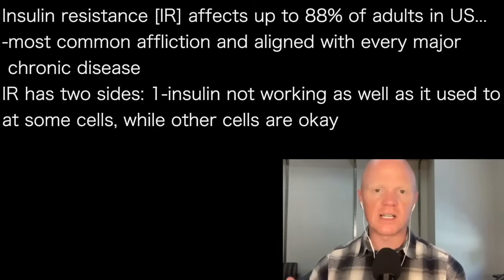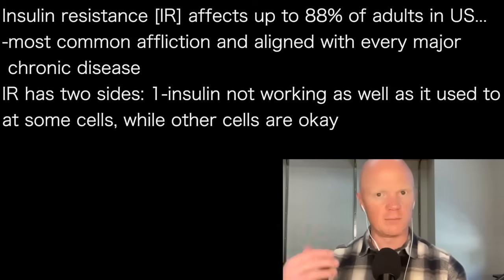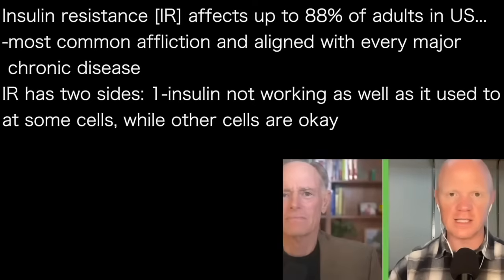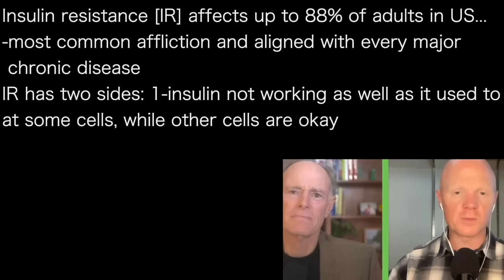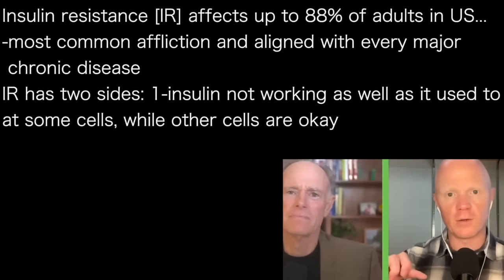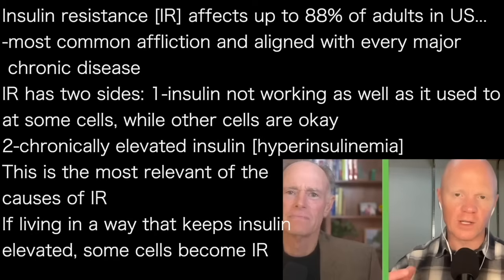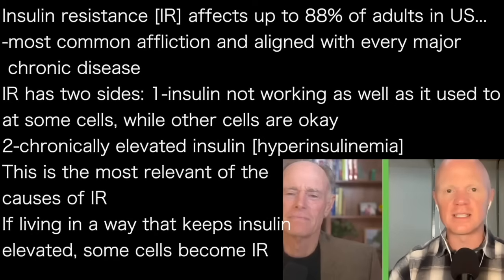So some of the cells of the body, indeed big ones and dominant ones like muscle cells and fat cells, aren't responding to insulin as well as they used to. Now, however, some cells are responding well to insulin, and that becomes a problem when we flip the coin over, because the other side of the coin that we call insulin resistance is an obligatory hyperinsulinemia, or chronically elevated insulin.